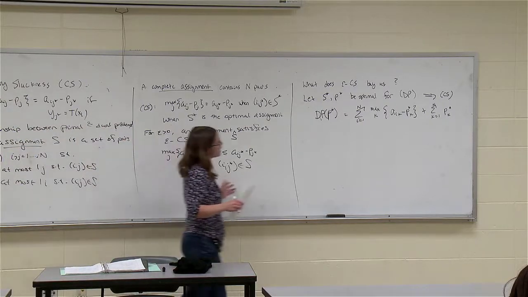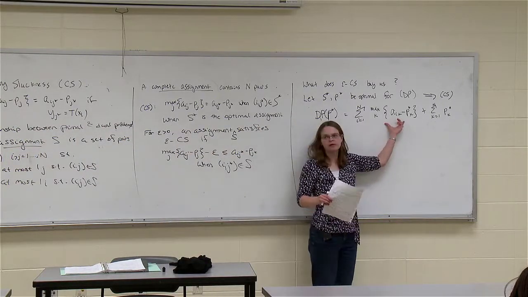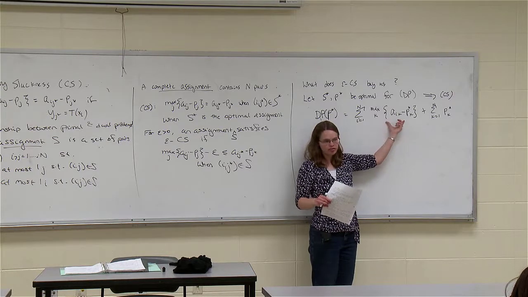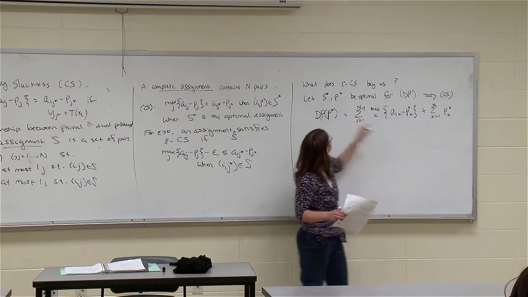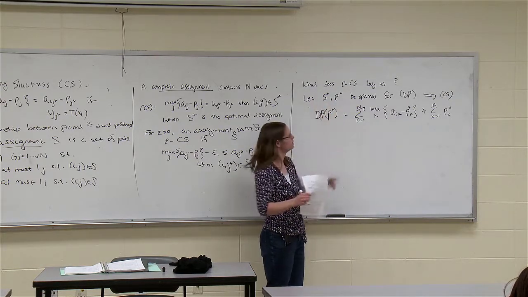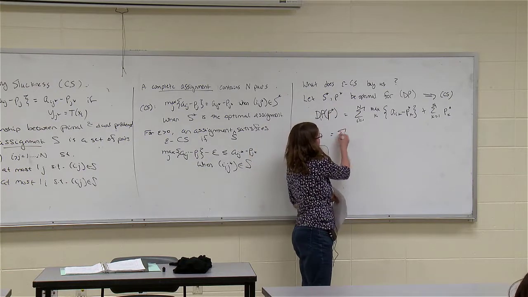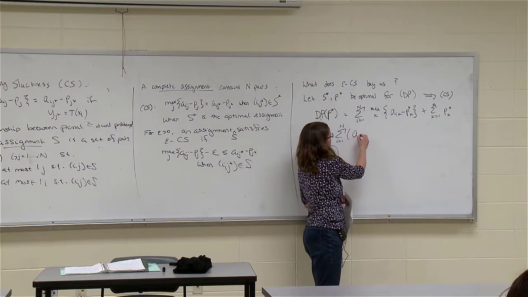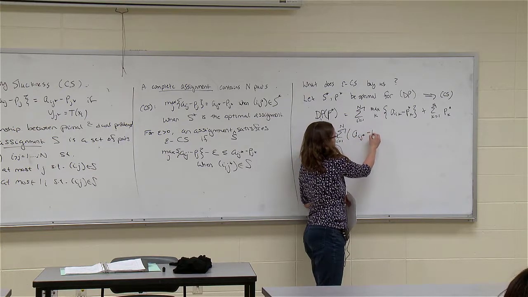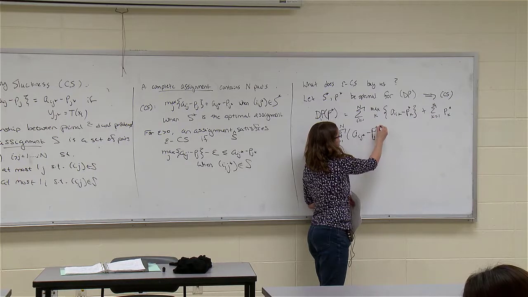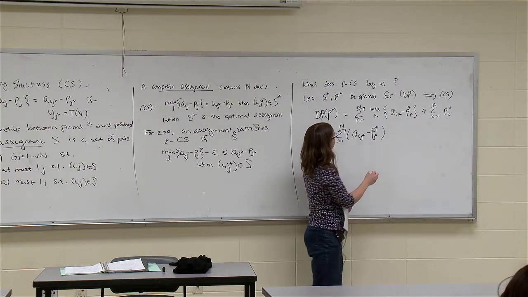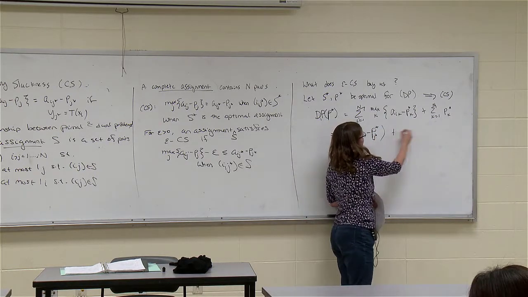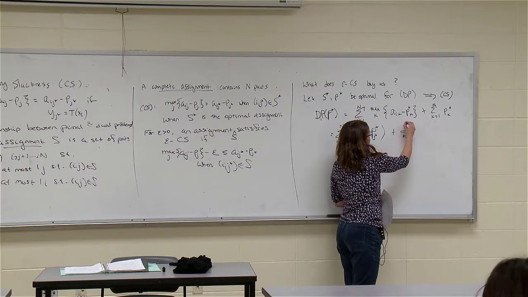Okay, this maximum is obtained precisely for the pairings that show up in this assignment. So this I can write as the sum of a_ij* minus p_j, and then I still have this.